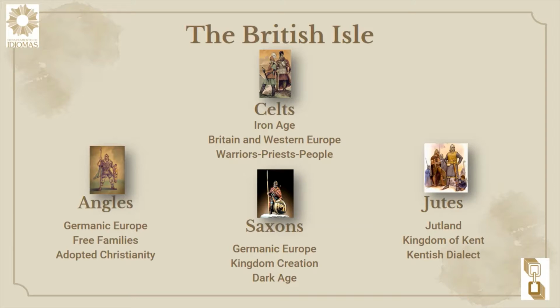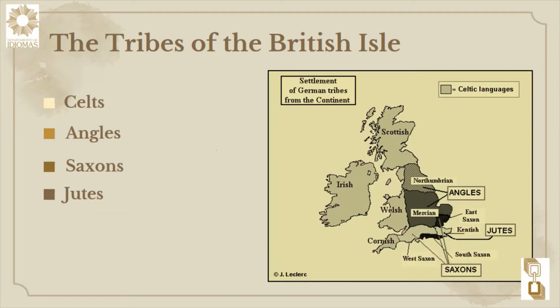The Jutes came from Jutland, and they are renowned for founding the Kingdom of Kent, and they had their own dialect. So the interaction of these tribes gave birth to what we know today as the English language. Also, we have to take into account the influence of the Norman people, the French people, and of course the Roman Empire on the language.